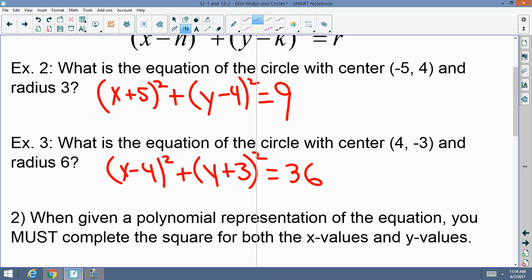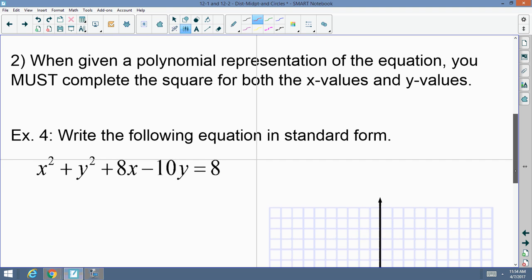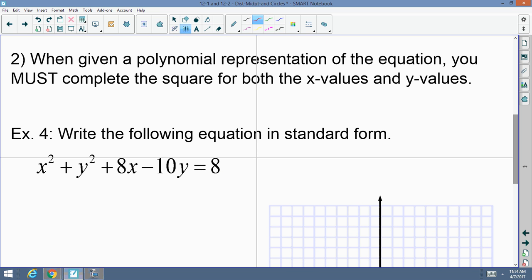Now, they're not always going to give it to you nice and easy like that. Sometimes, my brothers, they're going to give you a polynomial. And when given a polynomial representation of the circle equation, you must complete the square for both the x values and the y values.